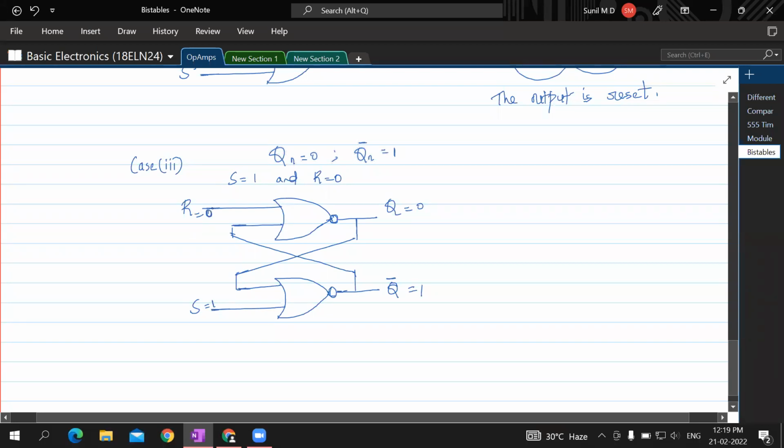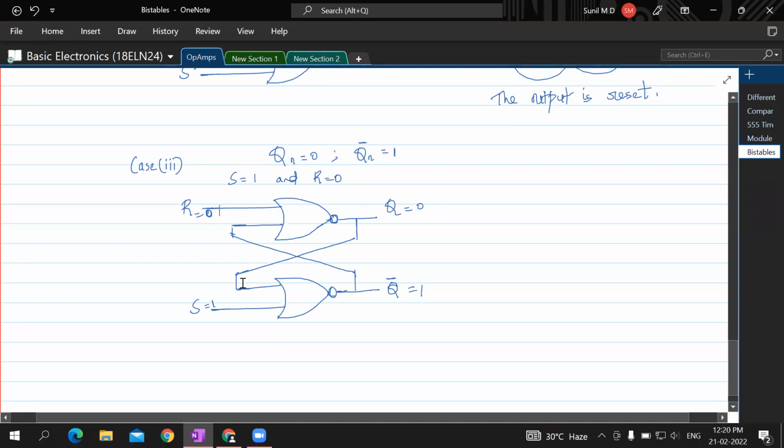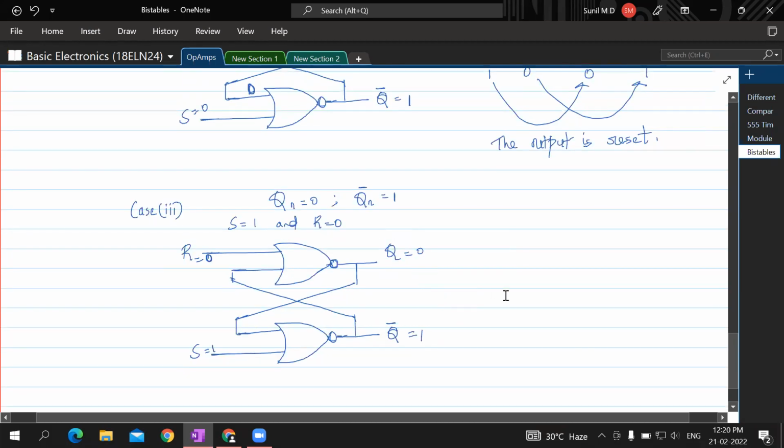Now this 0 comes here, or let's say this 1 comes here. What happens if 1 and 0 are there? This has to be 0. That means it is not getting set. What should happen to set? Q should become 1 now. This Q, which is having 0, should become 1 when set is 1.